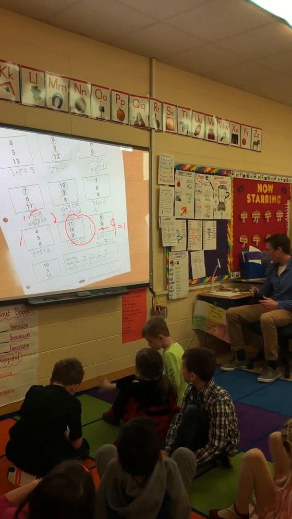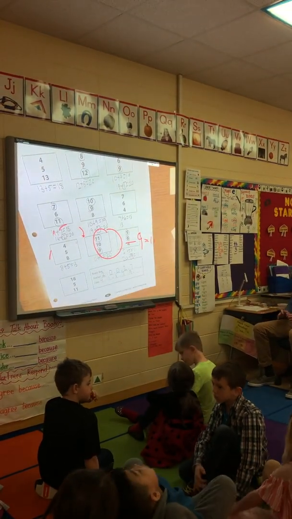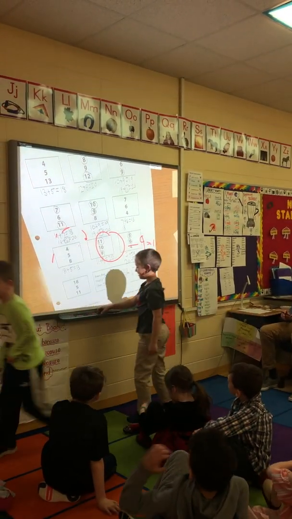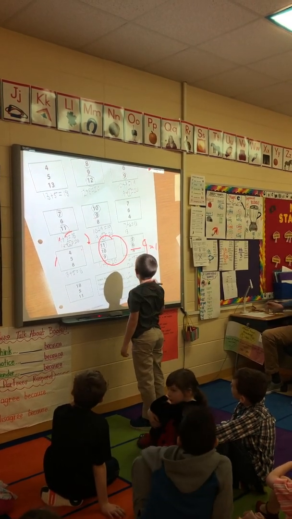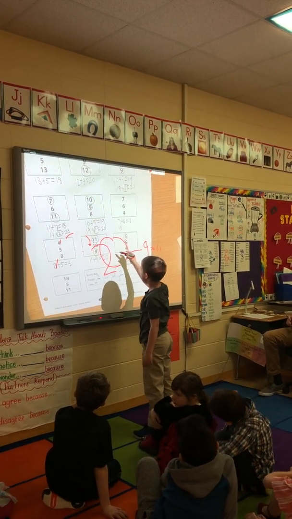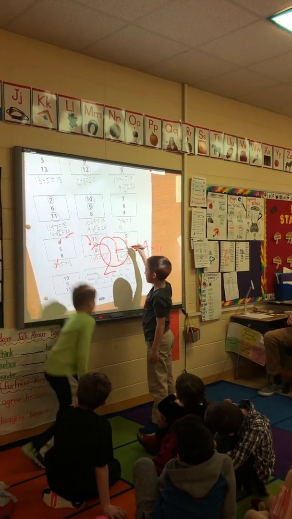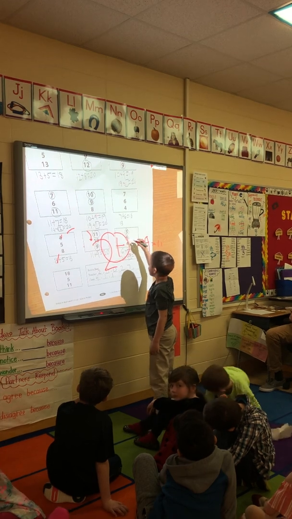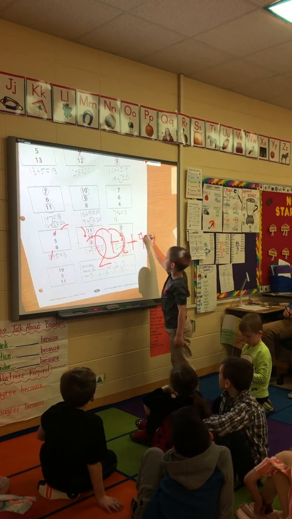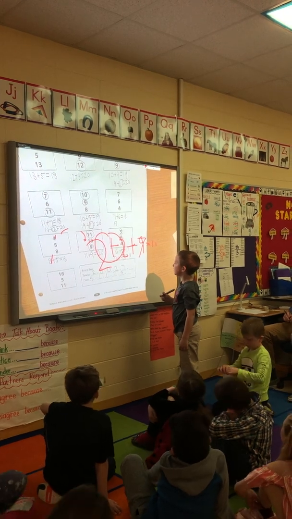So does anyone want to tally up what I got for my score? Quinn, what do you think? You can come right up there, sure. So add these numbers down here, buddy. And what is that? 2 plus 2 plus 7. 4 plus 7.